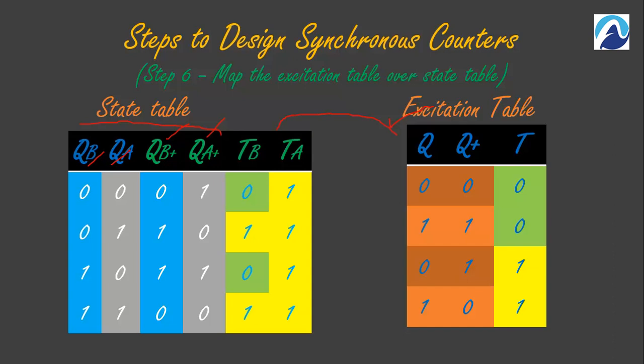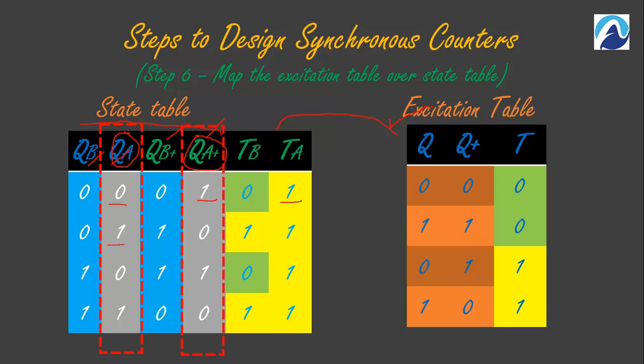First, we are going to look at the A flip-flop. If the value of the A flip-flop is QA, what is the next value, which is QA plus? If in these two values I want any change according to the state table, the value of the input for the A flip-flop, which is TA, becomes high. I will use it as toggle.